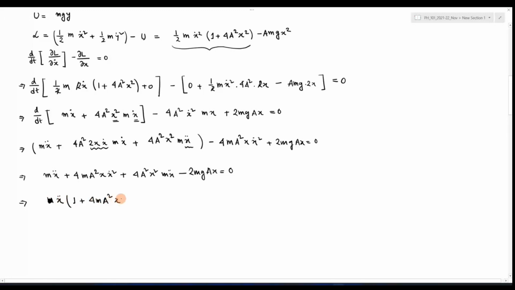So it will be having x double dot, plus 4a square x square x double dot, plus 4 a square x x dot square, minus 2 g a into x equal to 0. So this will be our final answer.